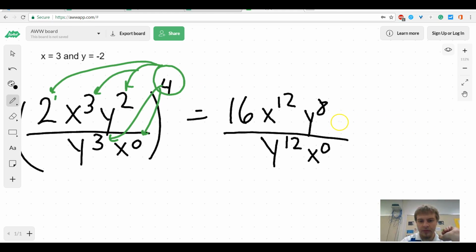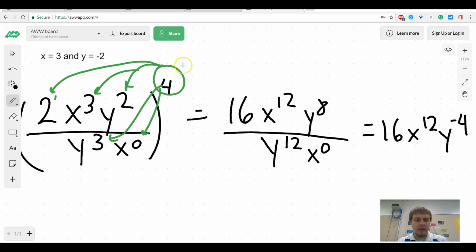Okay, now we'll simplify this a little bit further. And again, remember that x is 3 and y is -2, because it'll be helpful later. We could reduce the y's and subtract the x's, so we'll get 16, x to the 12th, and then y to the -4th.